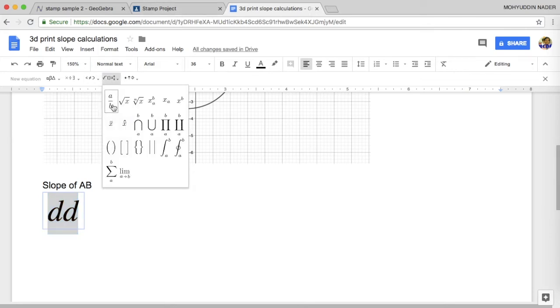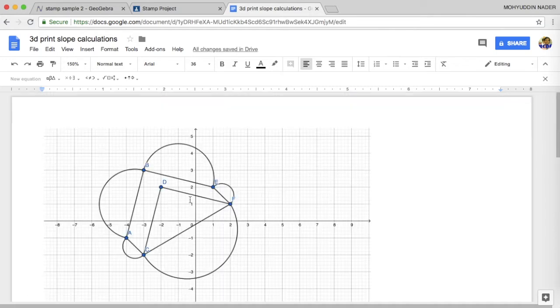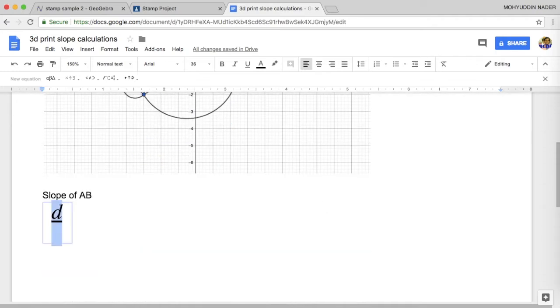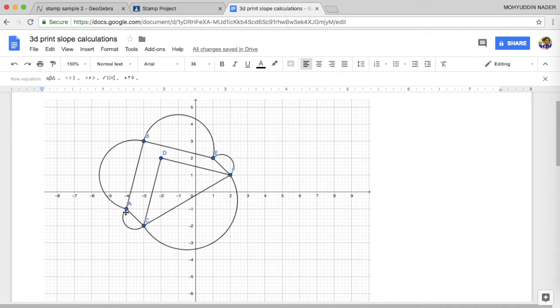I just typed something in random just to give me something to play with. And I need the slope, which is the change in y over the change in x. So the y value of point B looks like it's 3, and the y value of point A is negative 1. So I have 3 and negative 1 as my change in y. So 3 minus negative 1. And my change in x would be, from B my x value is negative 3, and my x value for A is negative 4.